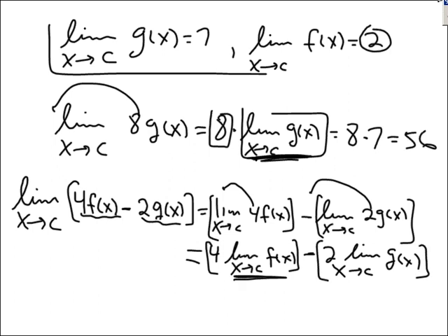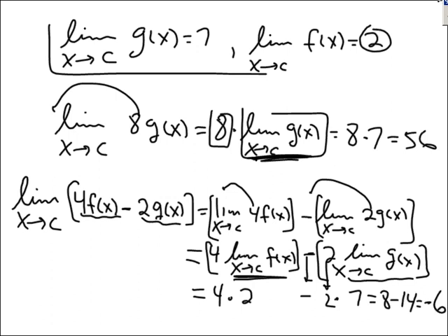Well, this limit is given to be 2. So we get 4 times 2 minus 2 times this limit, which was told to be 7. 8 minus 14, if I'm doing my math right, is negative 6.